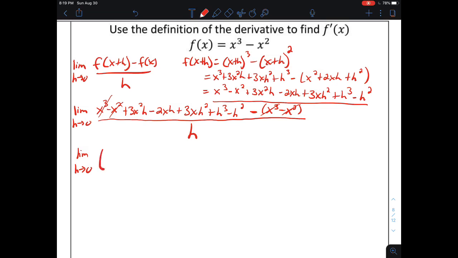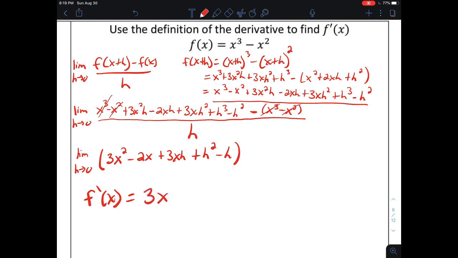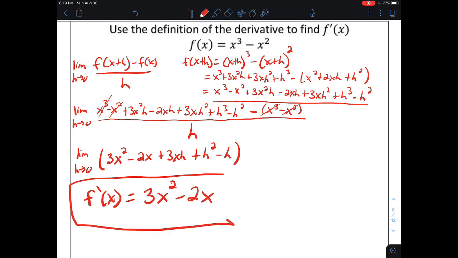Then I can reduce everything by h, kind of do two steps at once here. And then evaluate the limit, put in 0 for all my h's, and I'd have my derivative. So f prime of x would equal 3x squared minus 2x. So put in 0 for all the h's.